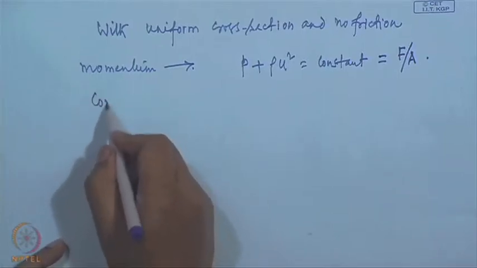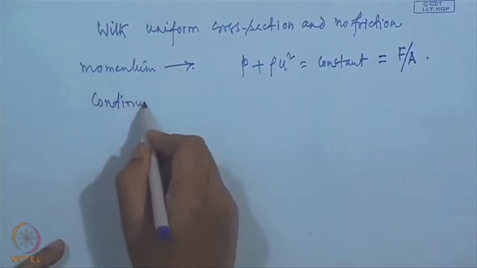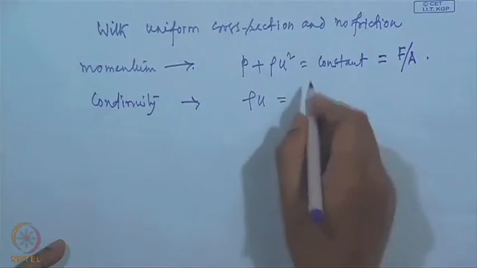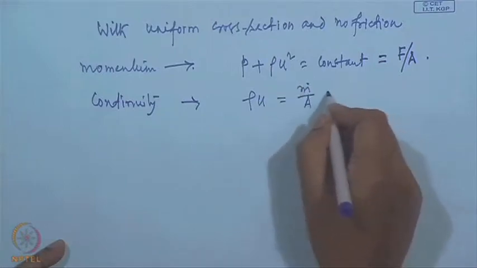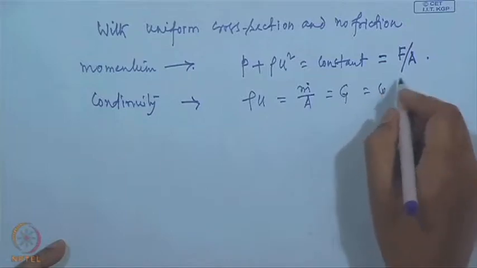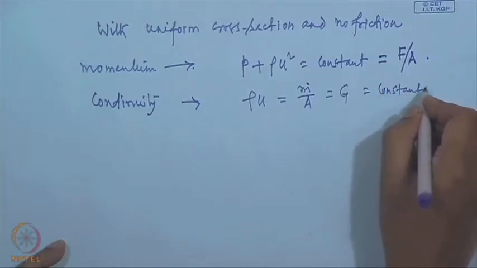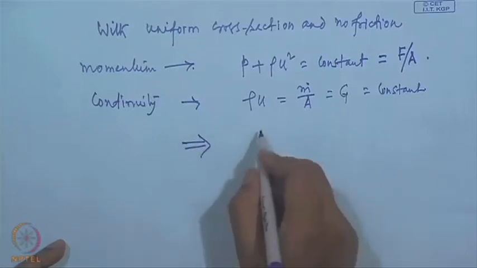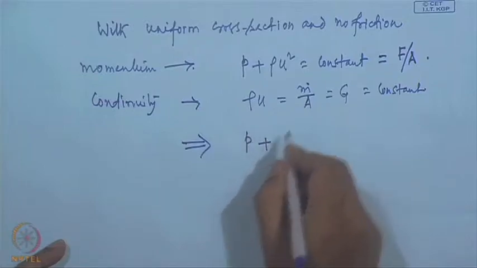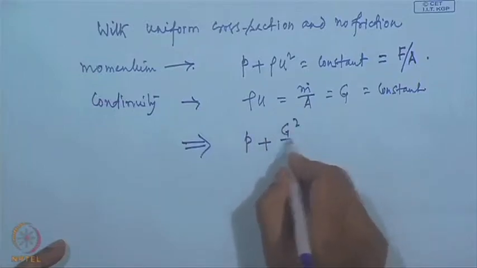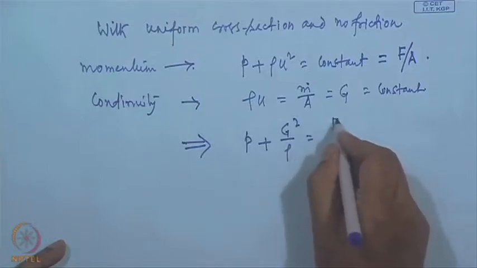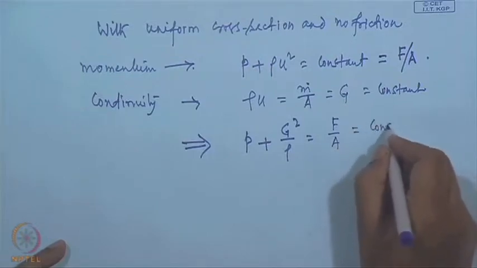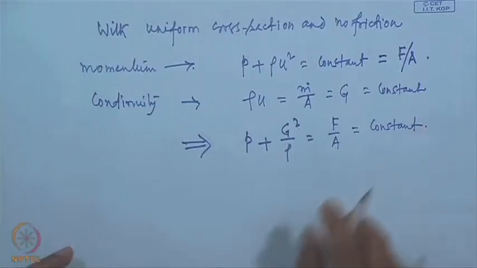Now, continuity of course, rho u, that is mass flow rate per unit area, is constant, and if we combine these two, this gives us P plus G square by rho equal to F by A equal to constant.